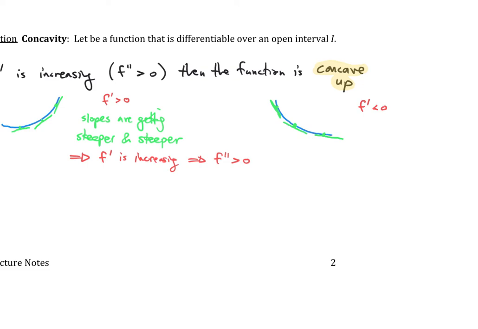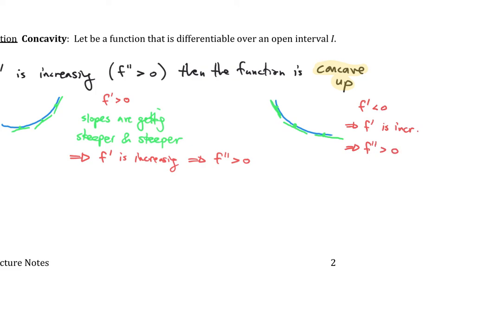So again, my actual first derivative is still increasing. And that tells me that the second derivative is greater than zero.